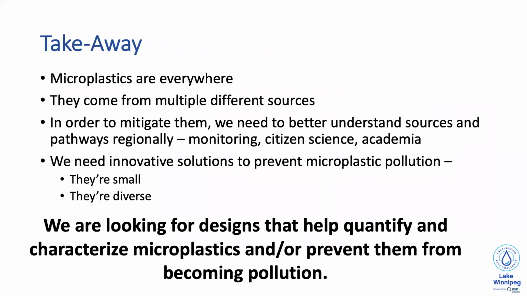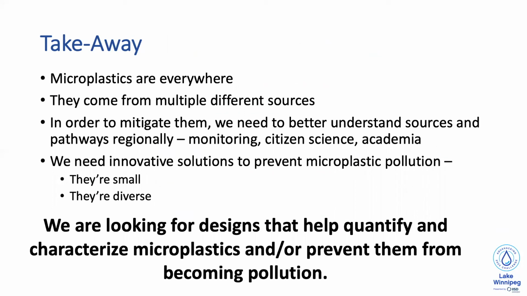So just as a takeaway, microplastics are everywhere. We find them in the air, the sediments, the water, including in the drinking water that we drink and the food that we eat. Second, they come from multiple different sources, so there's many different locations that we can tackle to prevent them from getting into the water.